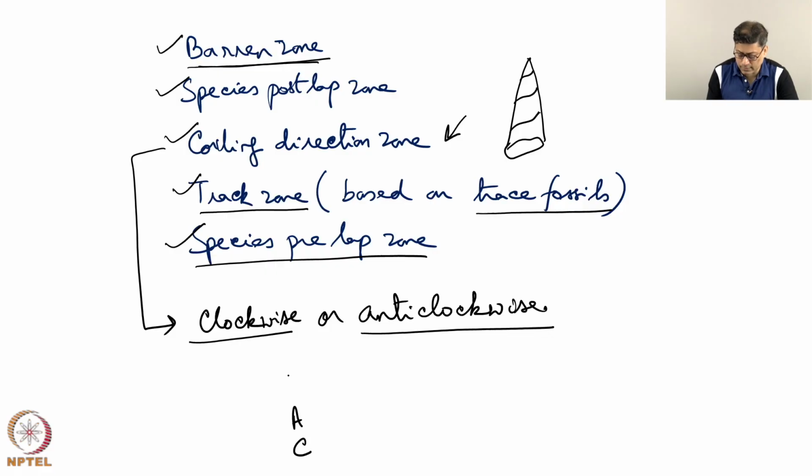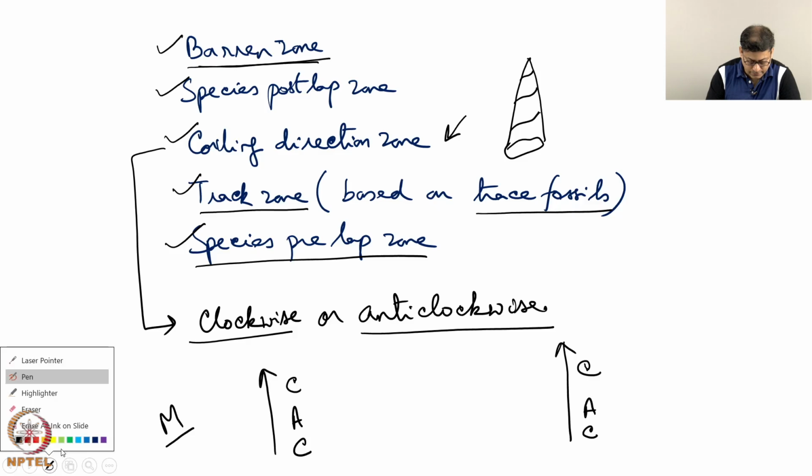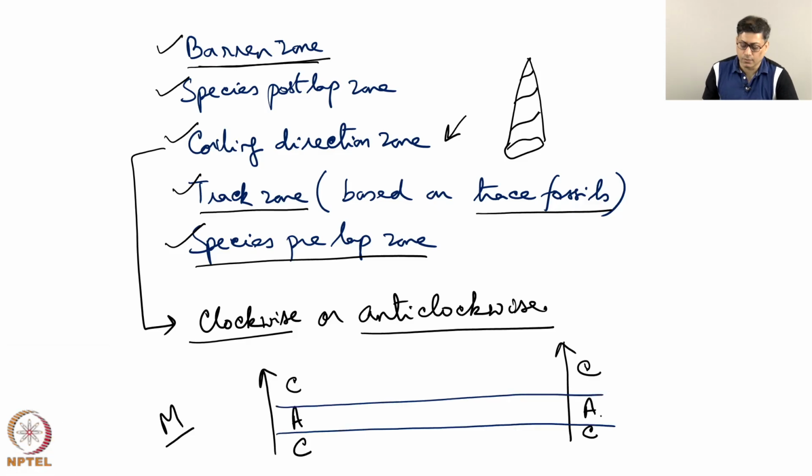A certain temperature range can change the coiling direction from clockwise to anti-clockwise, and then again back to clockwise. This succession of some species M, and the same species we are observing elsewhere, clockwise to anti-clockwise coiling direction followed by clockwise, then we can say that this anti-clockwise coiling direction can be correlated.